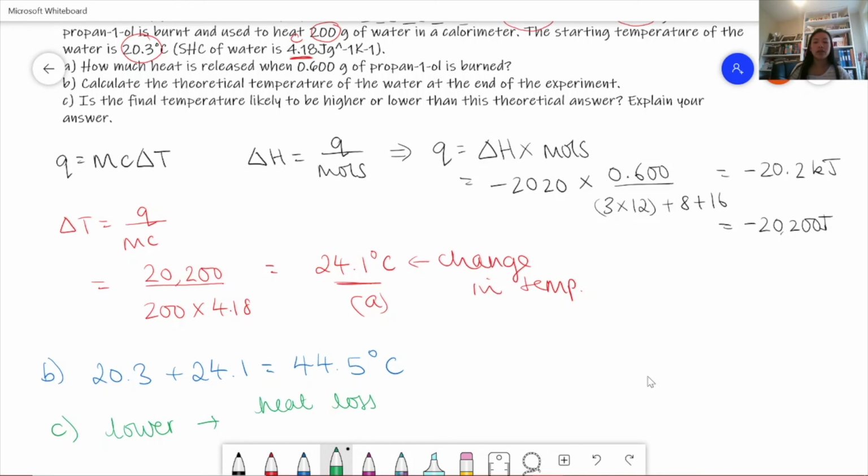So heat loss makes the experiment less accurate. So it goes to the air, or you could say it goes to the container, but basically it just doesn't heat up the water, because it's not only just heating up the water, it's heating up other stuff as well. So that means that the actual temperature of the water at the end won't be as high as 44.5 degrees.